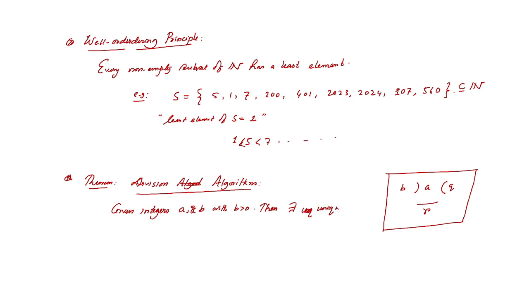That's why there exist unique integers q and r belonging to Z such that a equals bq plus r, where 0 less than or equal to r less than b. So this is basically our division algorithm.